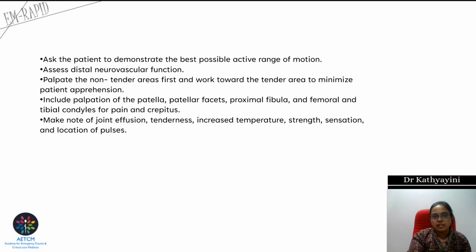Always palpate the patella, the patellar facets, the proximal fibula, and the femoral and tibial condyles for any tenderness or crepitus. Also note any joint effusion, joint line tenderness, warmth, or altered sensation.